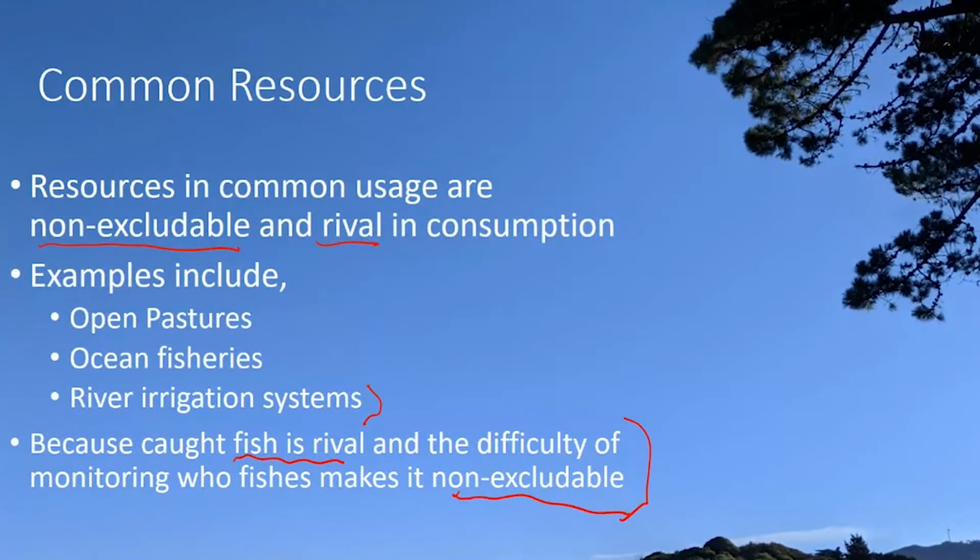You'd have to wander the entire river and find out where water is being diverted in order to identify exactly who's participating and taking river water for irrigation systems. It's not that it can't be excluded completely. It could be, but it's going to be costly in order to try to prevent and monitor individuals that are trying to use that particular resource. Okay, and that's what makes these resources common, in common usage, and why we call them common resources.